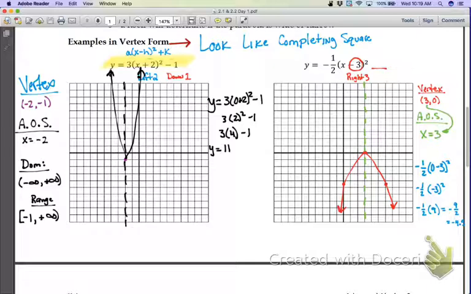It will always cross the y-axis somewhere. It may be at 172, but it can still cross the y-axis somewhere. So whenever it asks for the y-intercept, you can still do that part of it. Now, I'm going to stop with just the vertex.